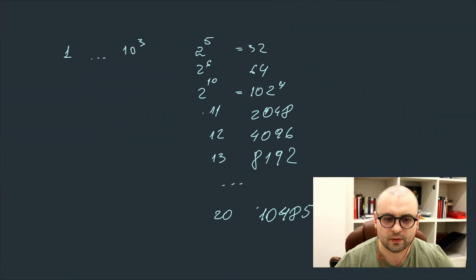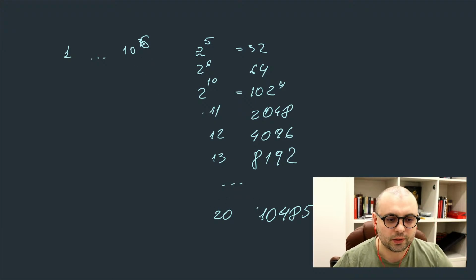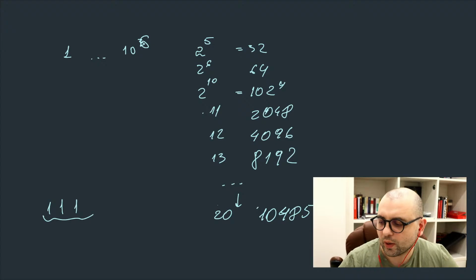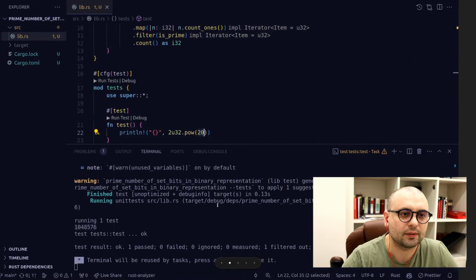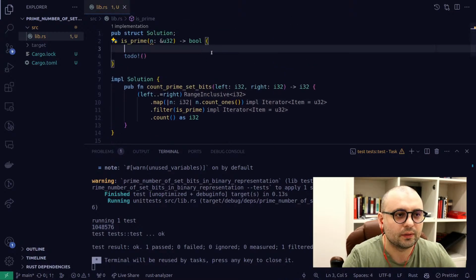So this is our range. Yeah, this should be 10 power 6. Yes, sorry, didn't see it at first. So at most we may have 20 bits set. This means if you write it in binary form, we'll have like 20 ones. We count the ones and we may get here. So we may write by hand the list of prime numbers. Here we can hard code it.